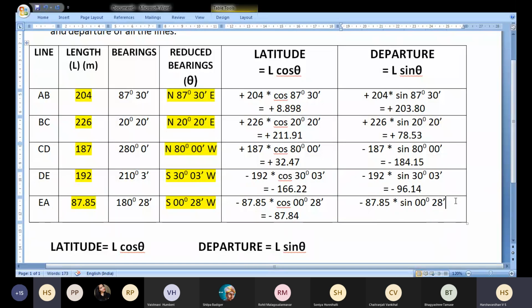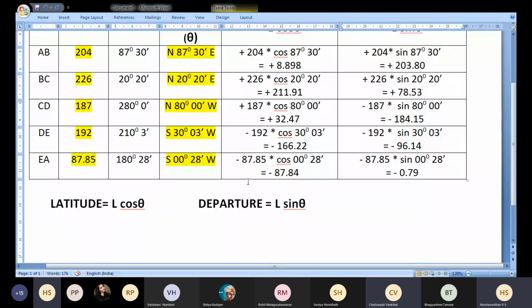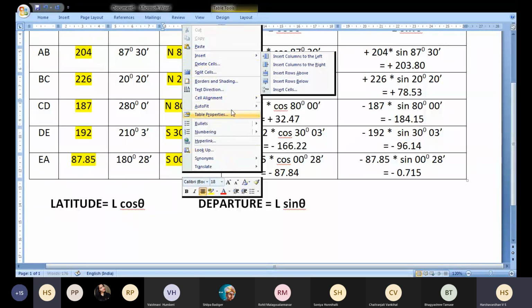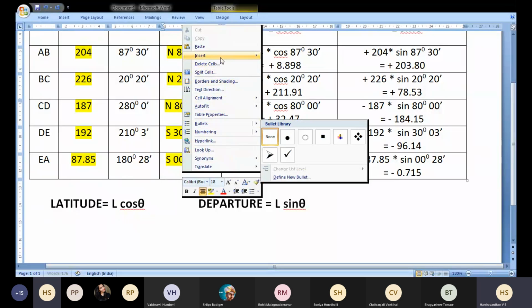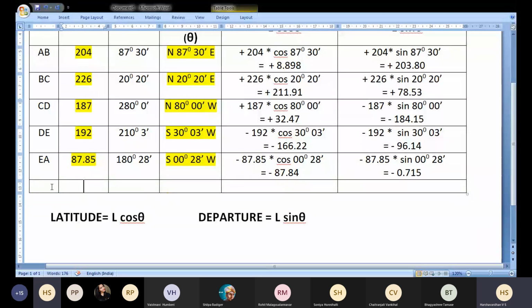So the answer will be minus 0.715. Okay, all of you are getting the same answers? Yes, sir.